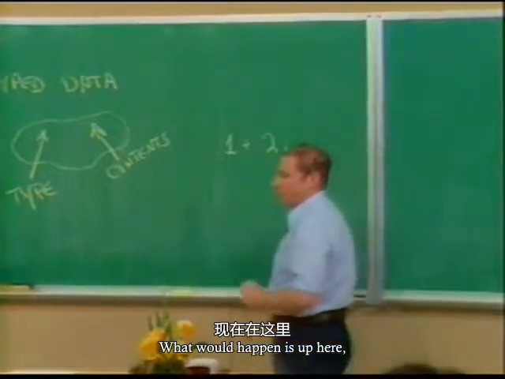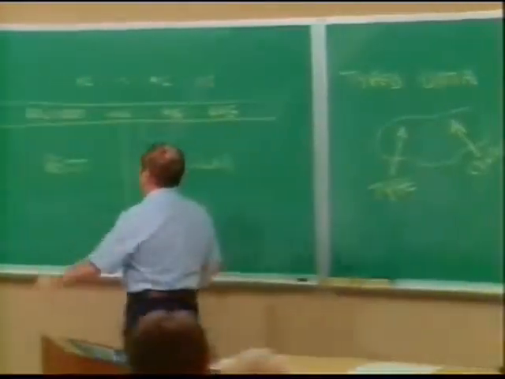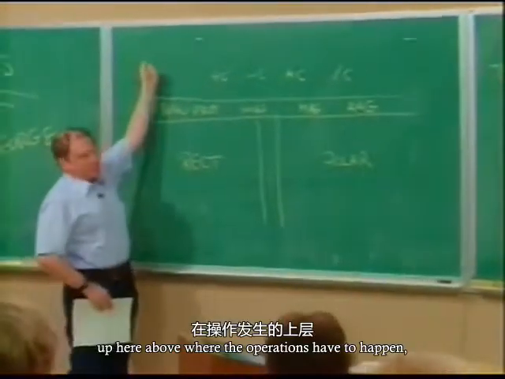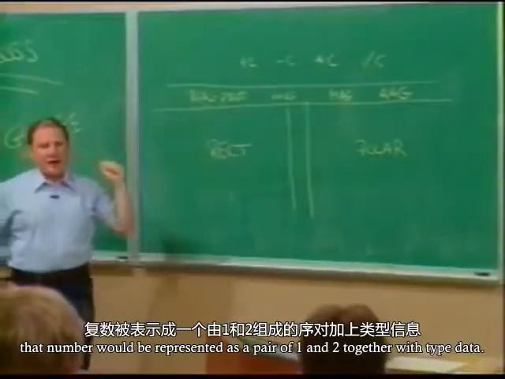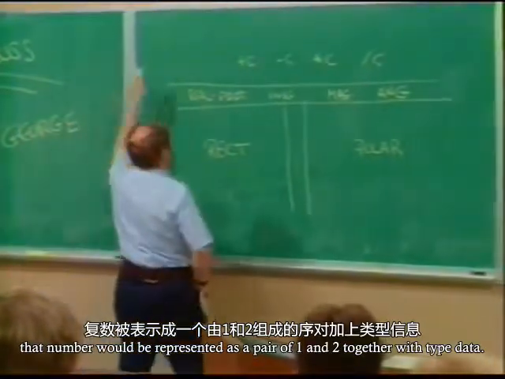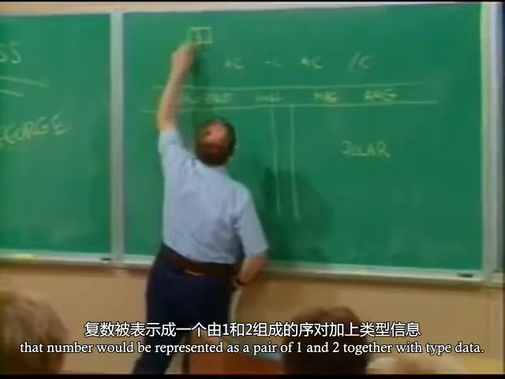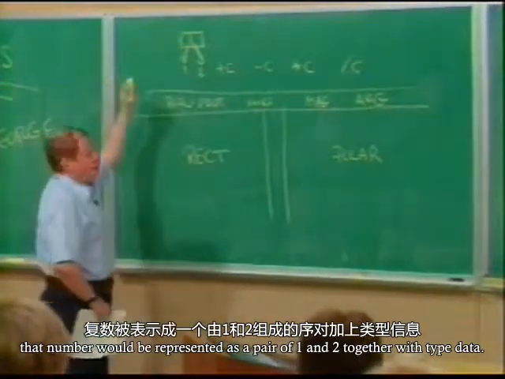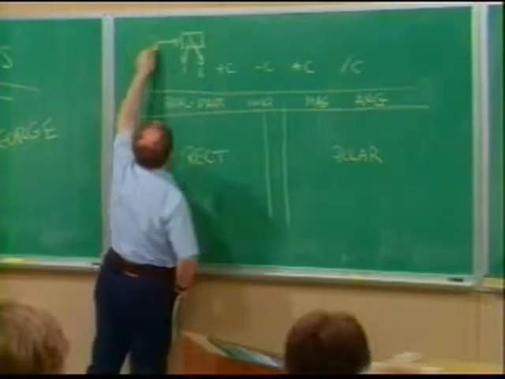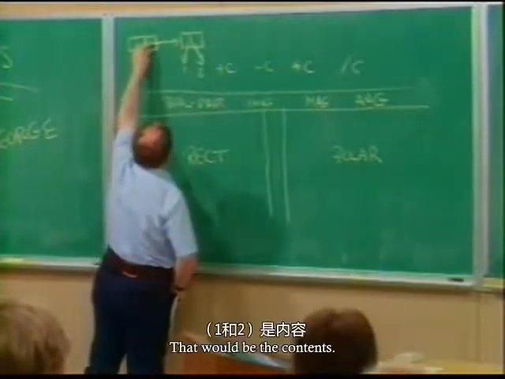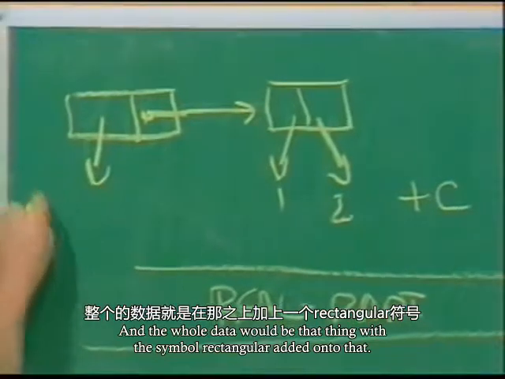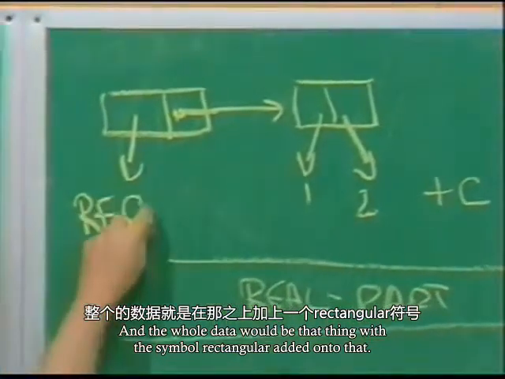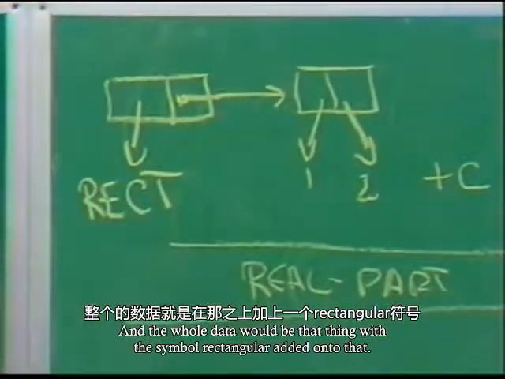Well, what would happen is up above, where the operations have to happen, that number would be represented as a pair of 1 and 2 together with typed data. That would be the contents, and the whole data would be that thing with the symbol rectangular added onto it.